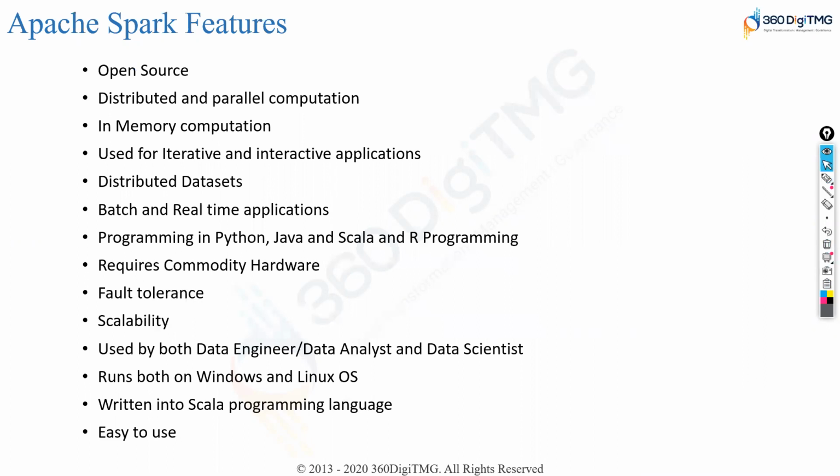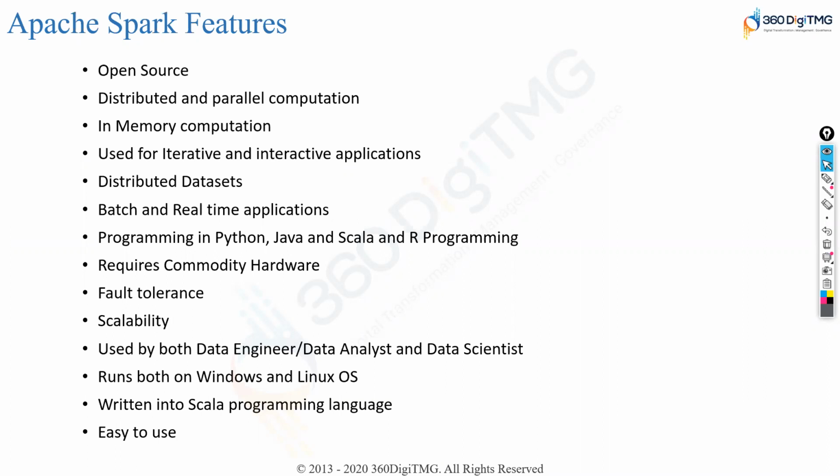So you can see quickly, these are the features. It's open source. It allows computing on a distributed and parallel mechanism. The computation happens in memory, not on disk. The Spark framework allows interactive as well as iterative applications. It is in fact designed to work where you have iterative, repetitive transactions.